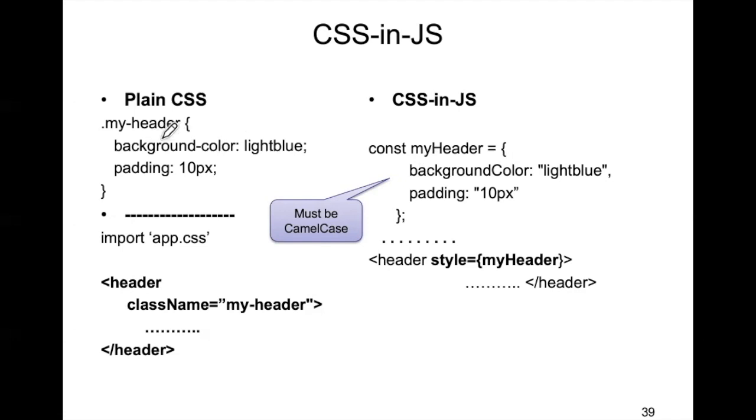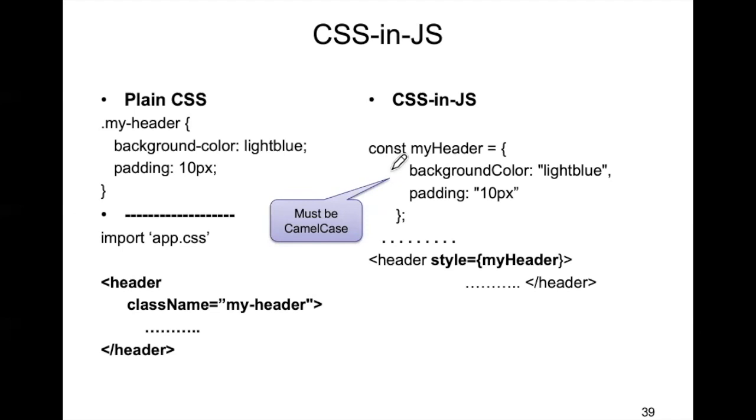You cannot use background-color over here because the hyphen is going to be interpreted as a minus, and so the JavaScript runtime is confused. It thinks you're trying to carry out some sort of subtraction operation. So you just need to remember that whatever a CSS attribute is called in the CSS world, you've got to convert it to camel case in order to use it in this CSS in JS approach.